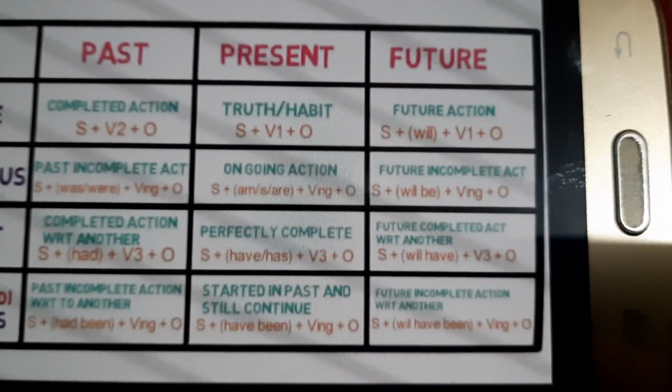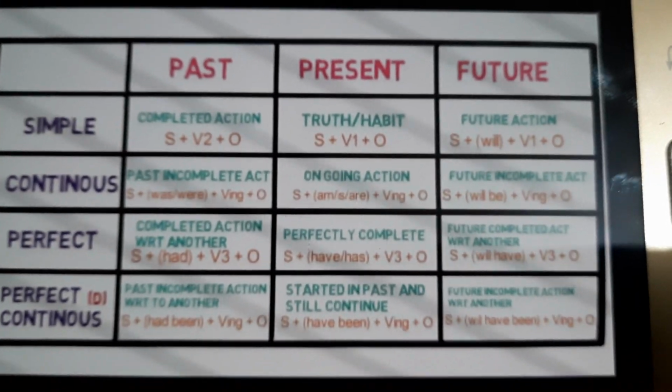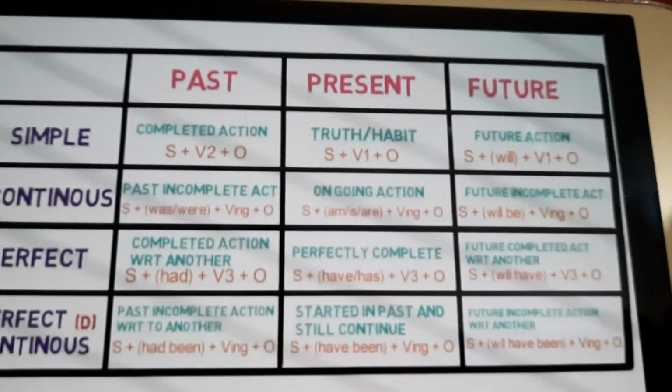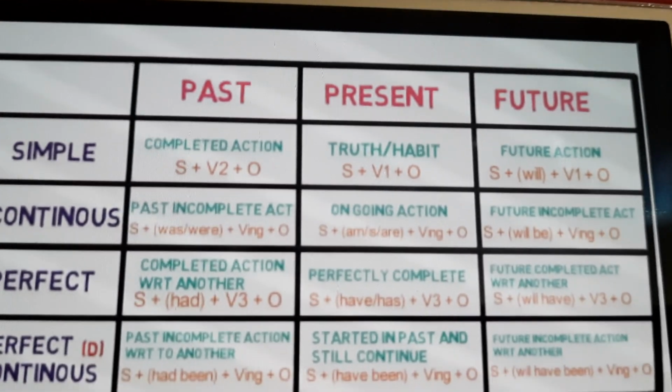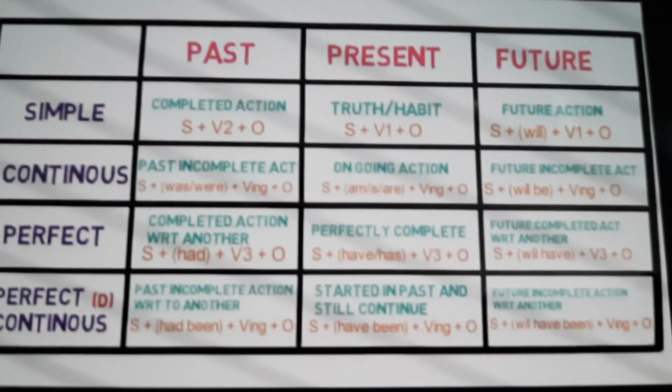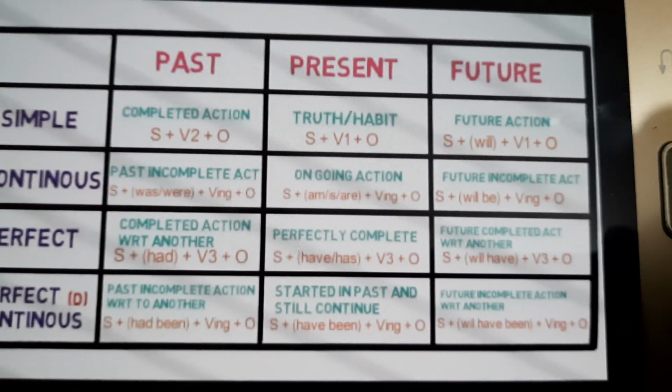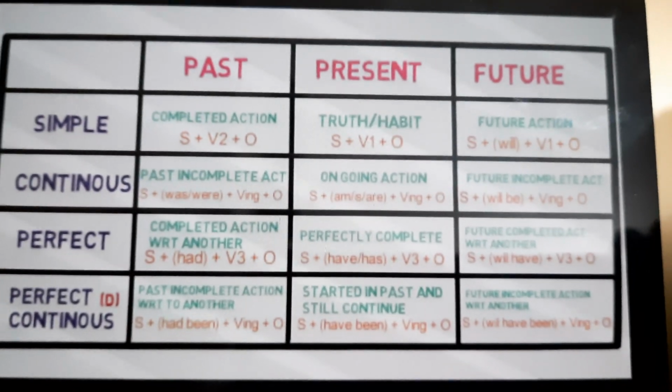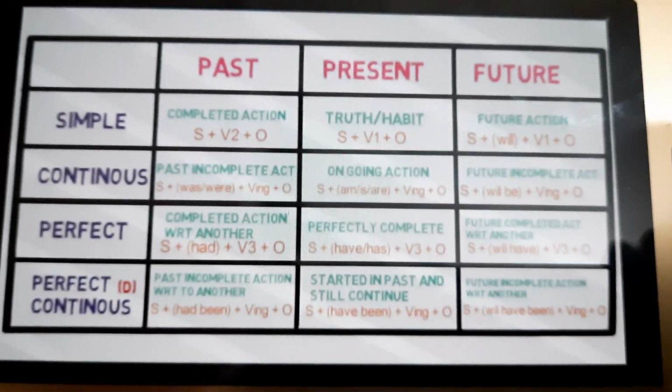Now we go to future perfect continuous tense. Future perfect continuous tense is used to denote a continuous action. So it is used with reference to some time in future.